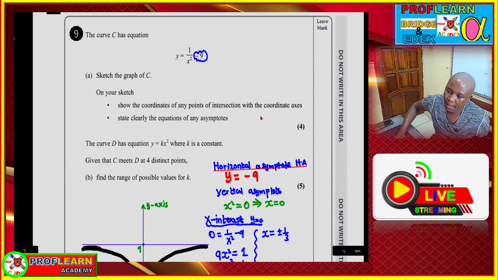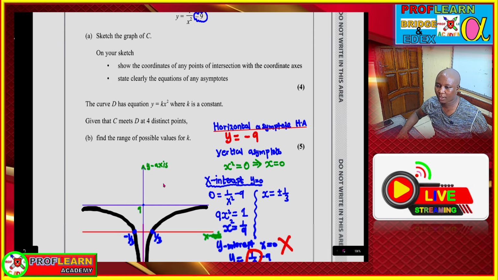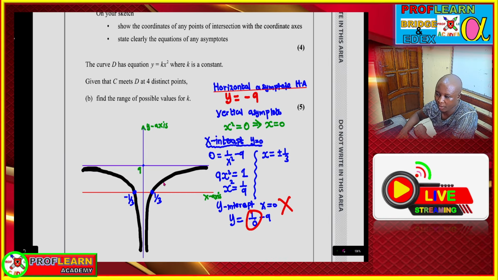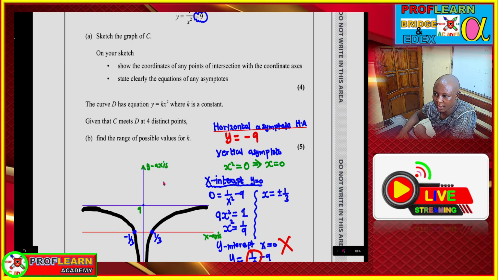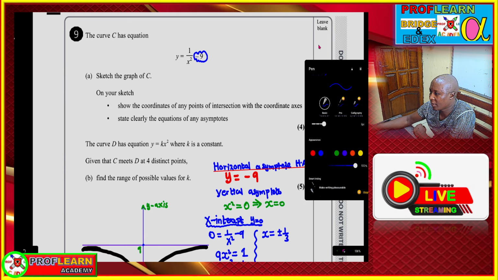The next concept that you must also be ready to work out is the concept to do with sketching reciprocal graphs. For you to sketch a reciprocal graph, for instance, let me just give you an introductory part of this.